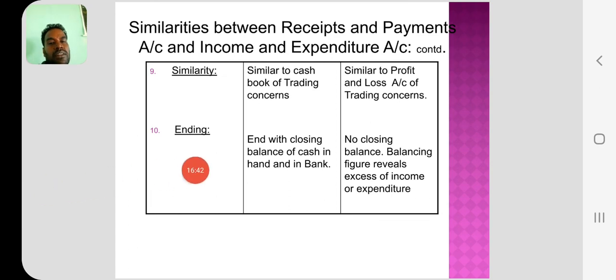Next one, similarity. Receipts and payments account is similar to the cash book of trading concerns, whereas income and expenditure is the same as the profit and loss account.